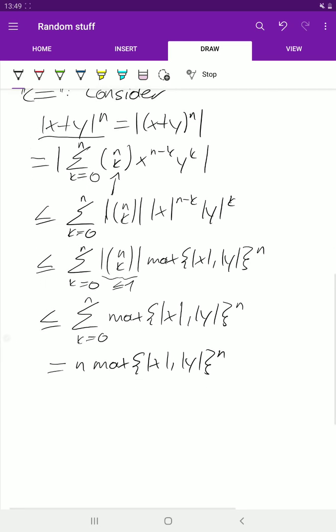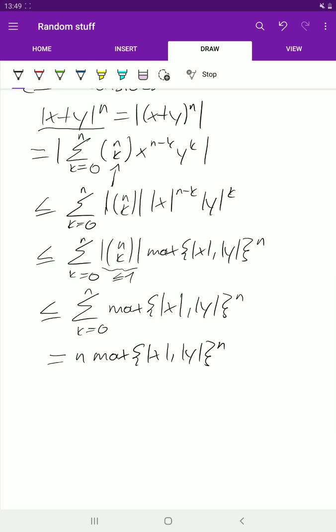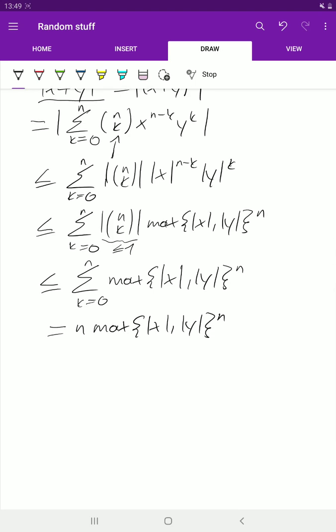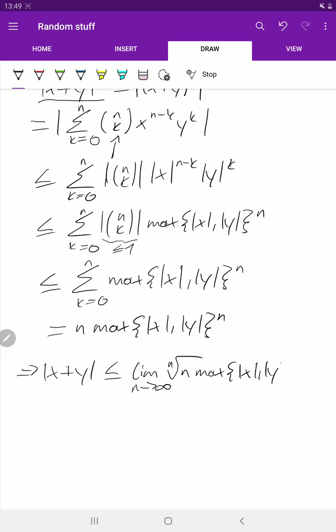And now if we take the nth root, then we get that the absolute value of x plus y is at most the nth root of n times the maximum of the absolute values of x and y to the n. And we also can take the limit, because this holds for every n.